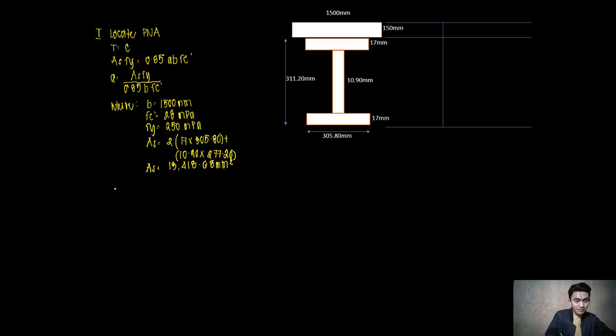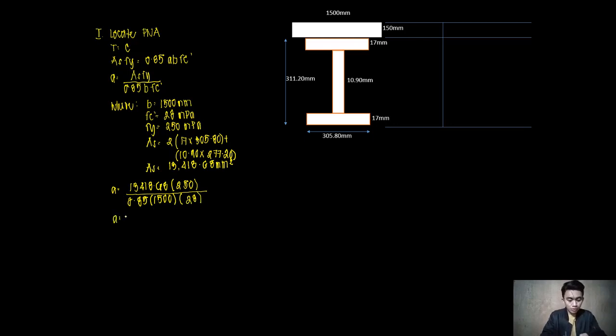So substitute that one in our equation. We will have the value for a, which is equal to 13,418.68 multiplied by Fy, which is 250 megapascal, divided by 0.85 times b, which is 1,500 millimeters, multiplied by Fc prime, which is 28 megapascal.